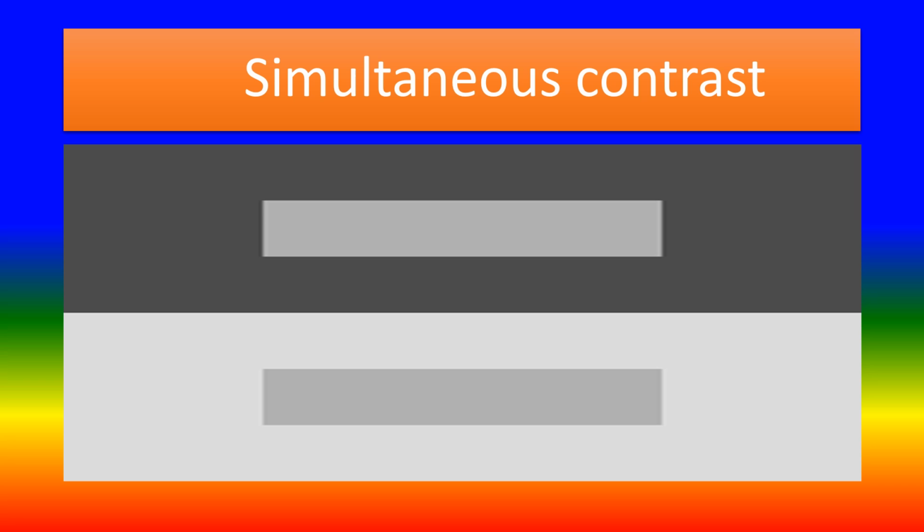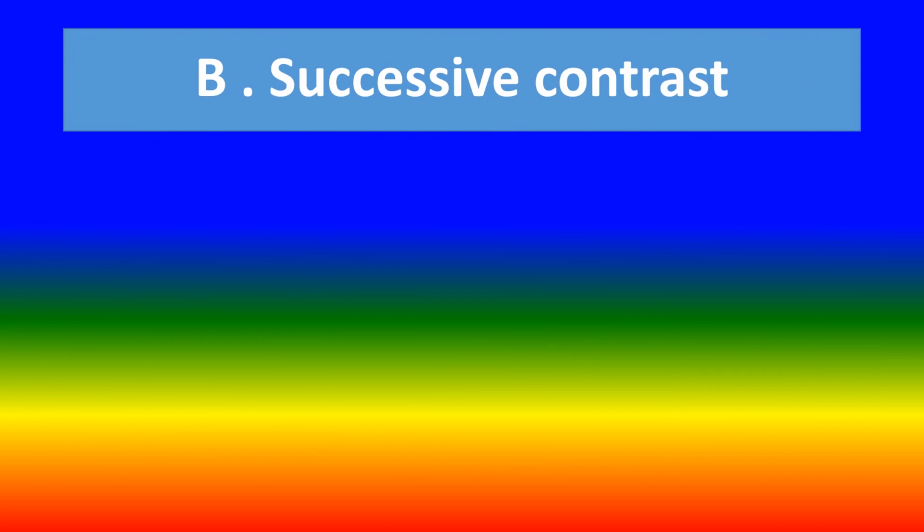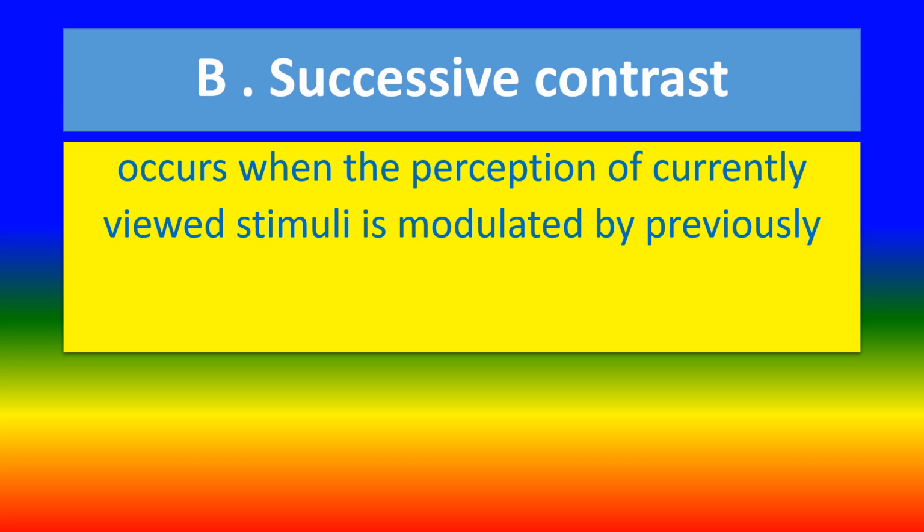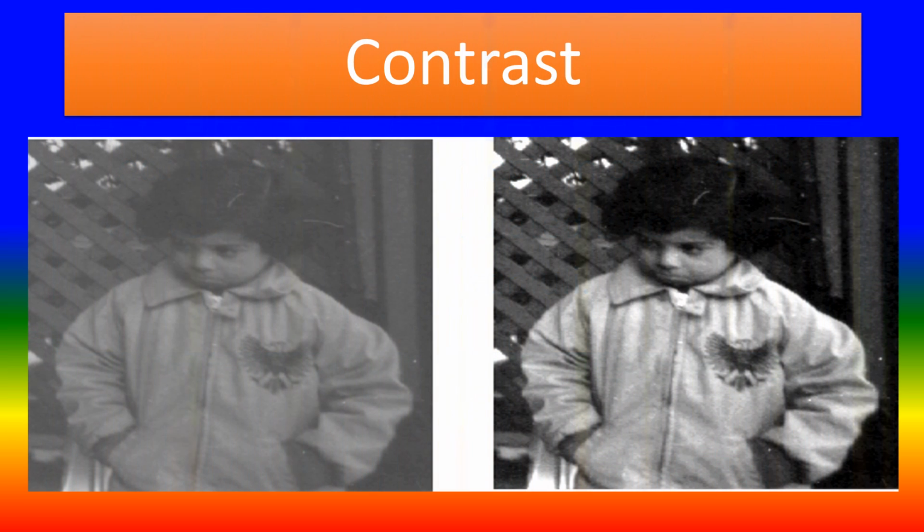Look at this simultaneous contrast. B, successive contrast. It occurs when the perception of currently viewed stimuli is modulated by previously viewed stimuli. Look at this successive contrast.